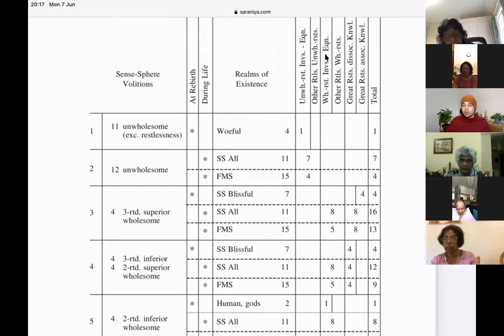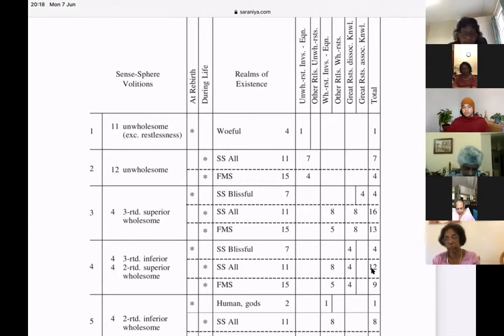So basically the wholesome rootless resultants, and always it is inferior, it will always be great resultant, disassociated with knowledge. If it is weaker, that is going to give rise. Hence, we have 8 plus 4, 12.